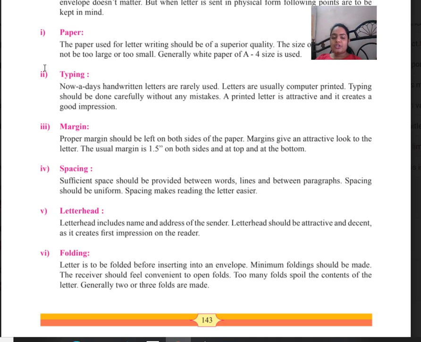Spacing. Sufficient space should be provided between words, lines, and between paragraphs. Spacing should be uniform. Spacing makes the letter easier to read. So the spacing makes the letter look good and attractive to the reader, and it also shows that proper efforts are taken and a proper letter is written, and it looks professional also.